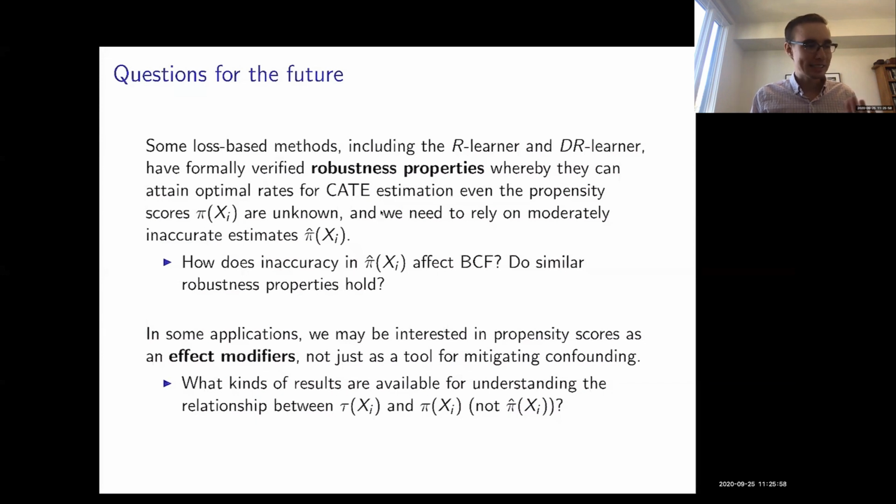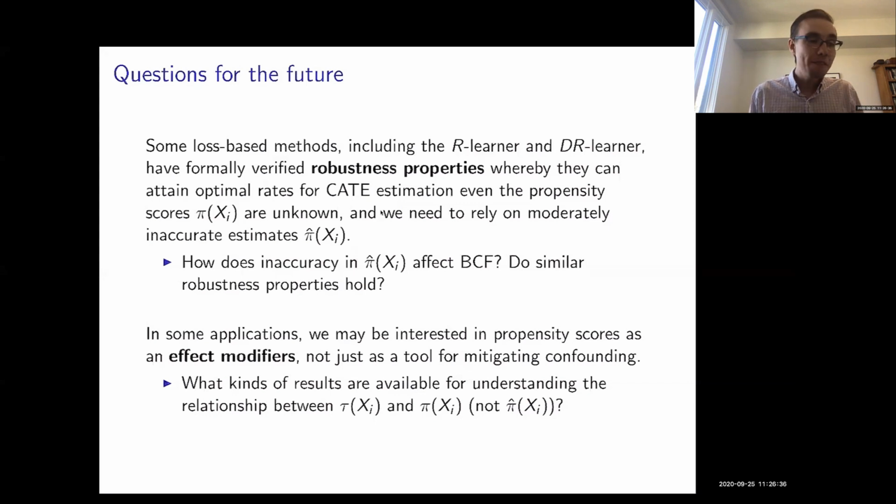The first, which I think has been echoed in earlier talks also, is that some of the loss-based methods, including the R learner and the DR learner, build on the double robustness literature, and you can prove robustness properties. These methods rely on propensity scores, but even if the propensity score isn't known particularly accurately, you can still show that you learn the CATE function at optimal rates, because they can compensate for errors in learning the propensity function via good outcome modeling.